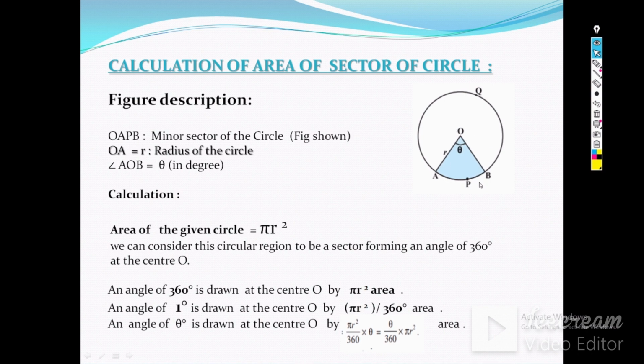Now A, O, B, P is my minor sector, and it forms an angle of theta degrees at the center. So angle AOB is theta, and the radius is r. Now let's understand how to get the area of this sector, AOBP.